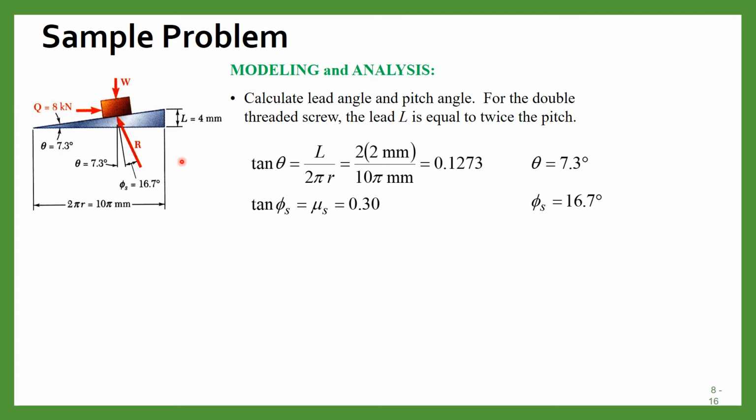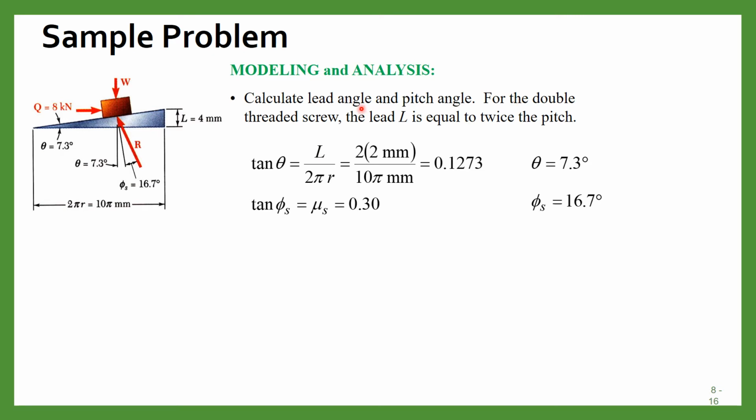Now we have made this diagram. In this diagram, this is the weight W. First we are considering the up case, suppose we are tightening the screw, so for that we need an up force, the force which is applied in the up direction.